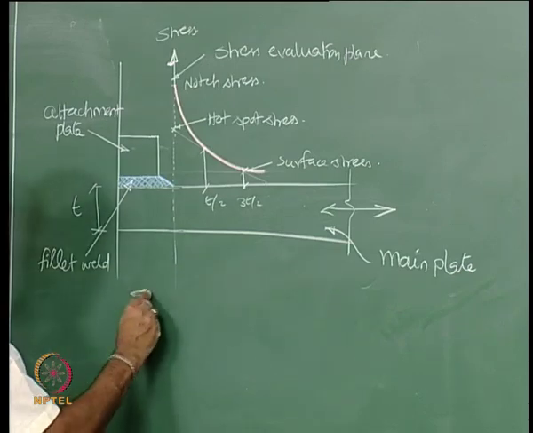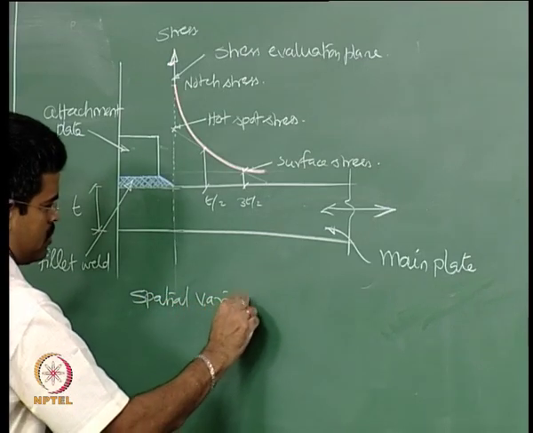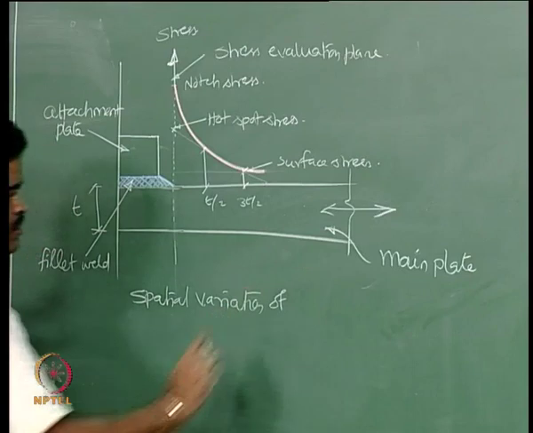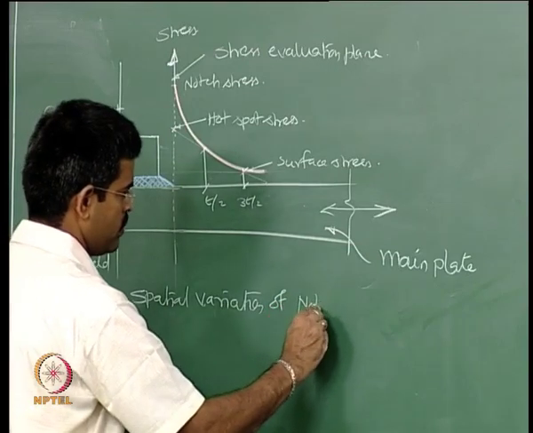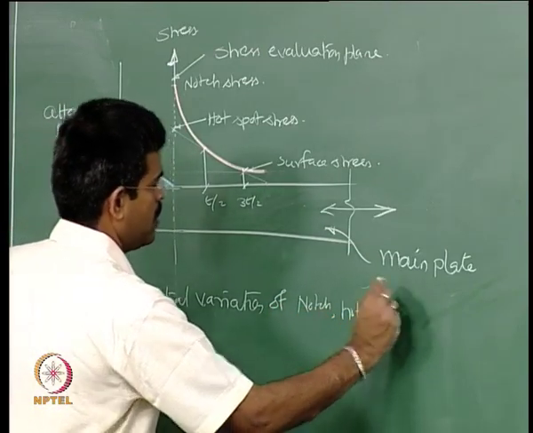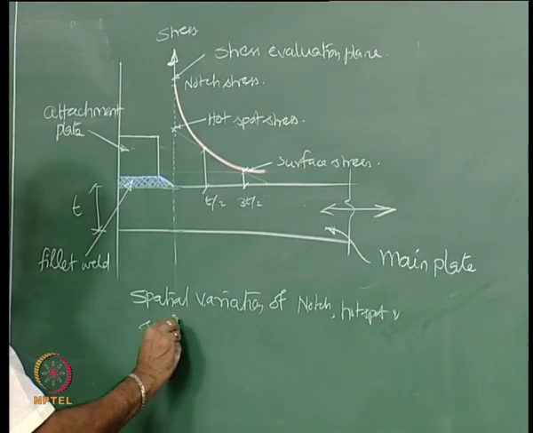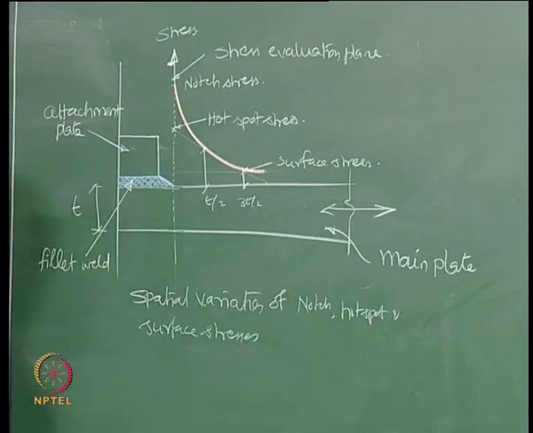So, this sketch refers to the spatial variation of notch, hotspot and surface stresses in a plane structure.